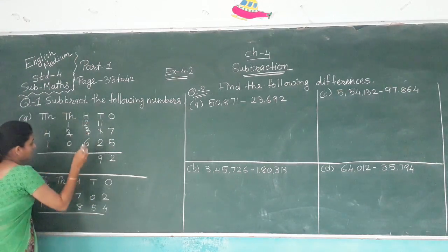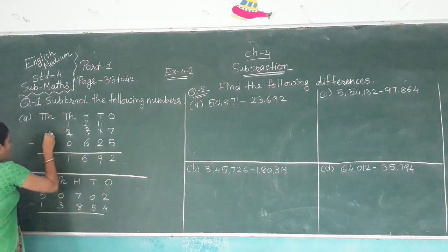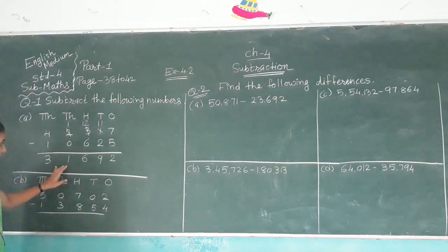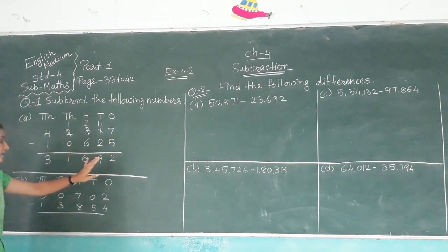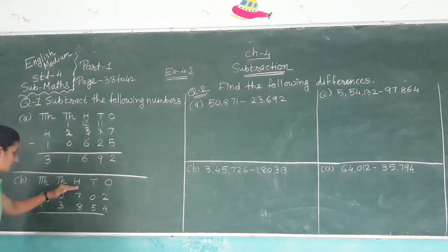So 12 minus 6, 6. 1 minus 0, 1. 4 minus 1, 3. So we get answer 31,692.